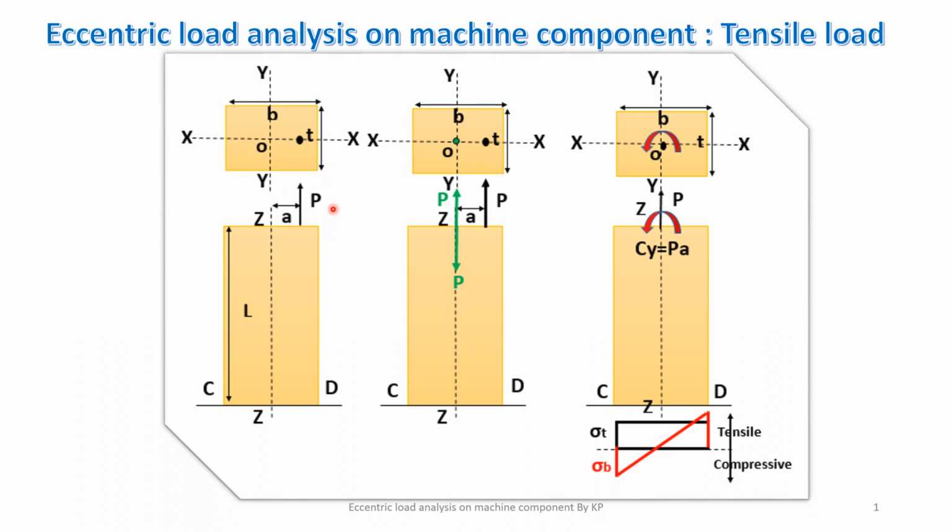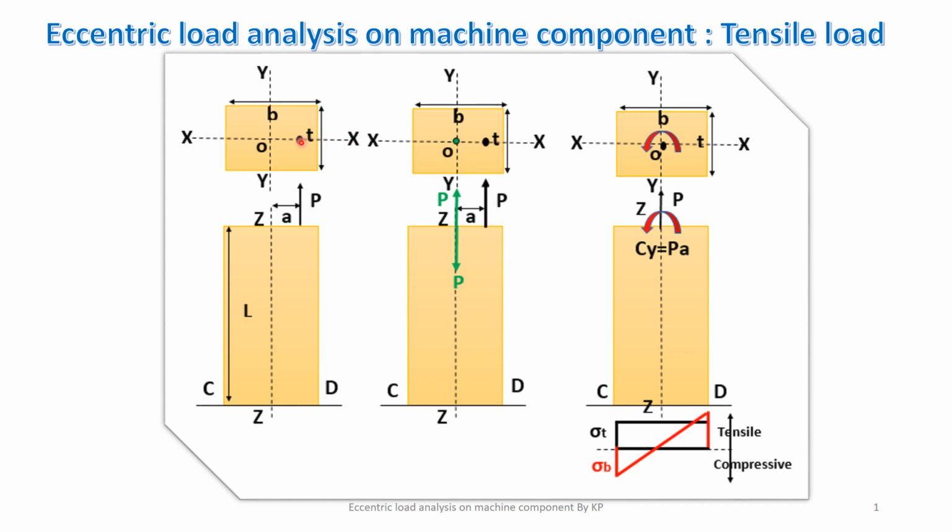So the first step is we apply two forces P and P, which are equal and opposite to each other. Because they are equal and opposite, they will nullify the effect of each other, and the effect of this force system on this element is the same.